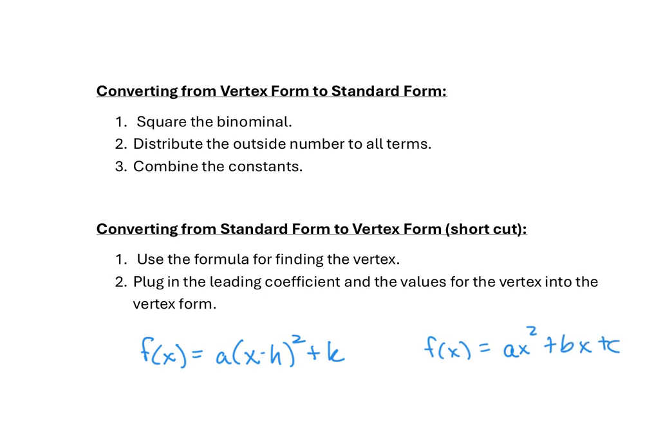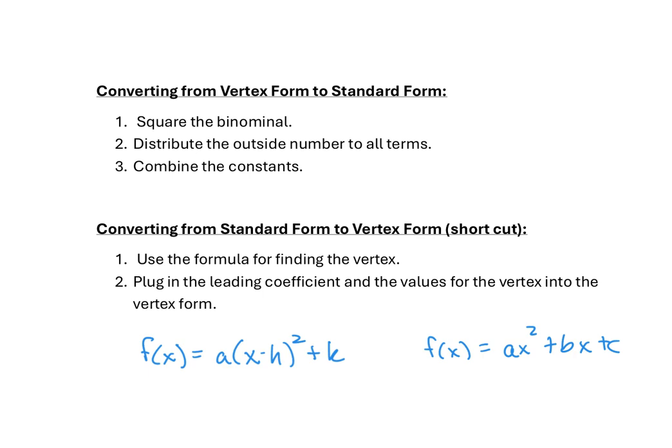To go from vertex form to standard form, we just want to get rid of the parentheses and then combine like terms. So we start by squaring the binomial, distribute the outside number to all terms, and then combine the constants.